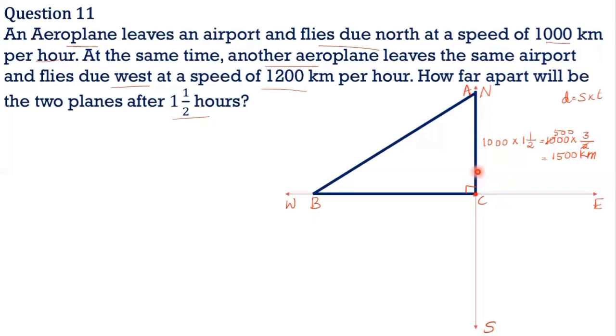And the distance CB is the distance travelled by an aeroplane which flies due west at a speed 1200 km per hour in 1.5 hours. So distance BC is equal to speed into time. Here speed is given, we have to calculate the distance.